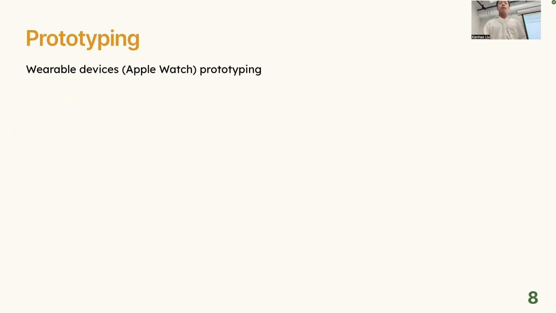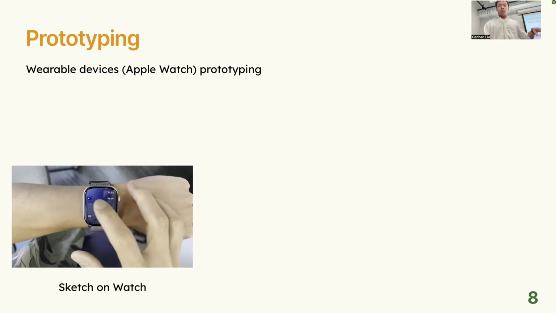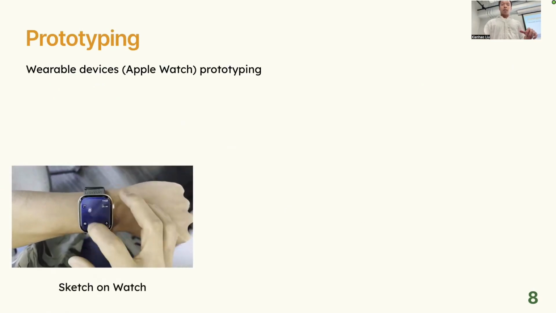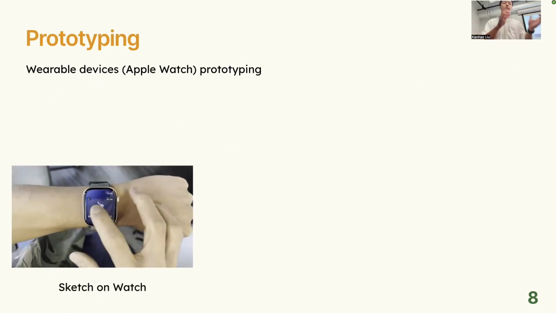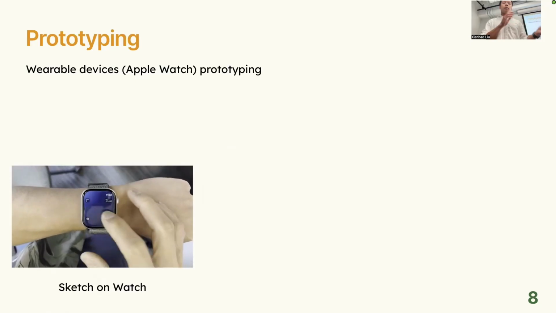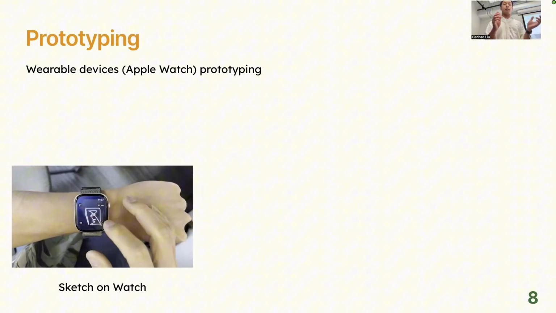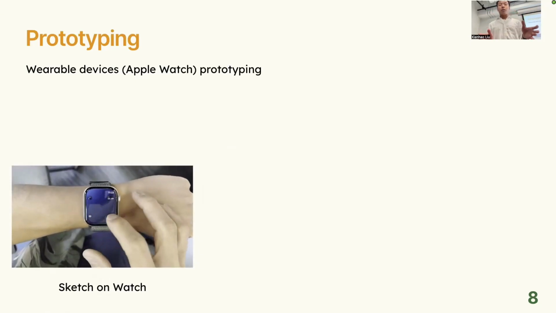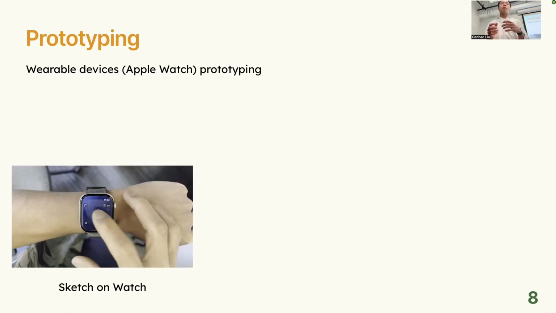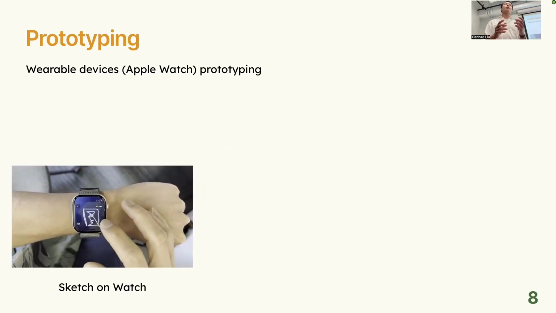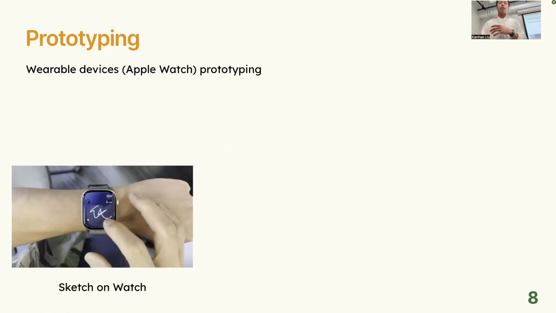The first thing is wearable device, which I mainly develop a lot on my Apple Watch here. So there are a lot of things. The first thing is a very mini sketch on your watch app. This will take your hand gesture as your input for all the interactions.